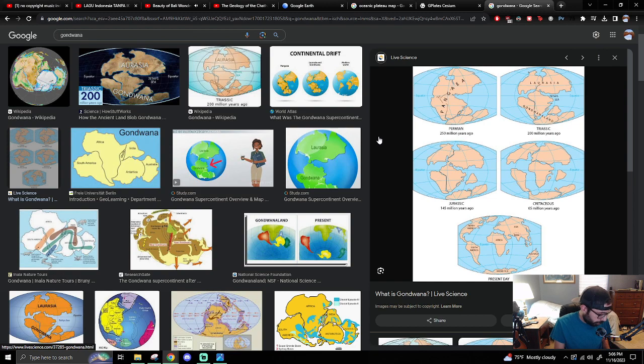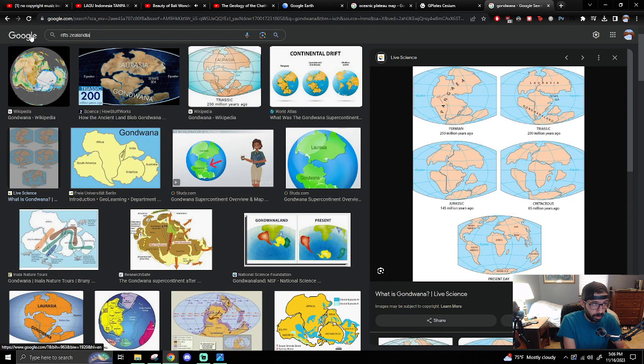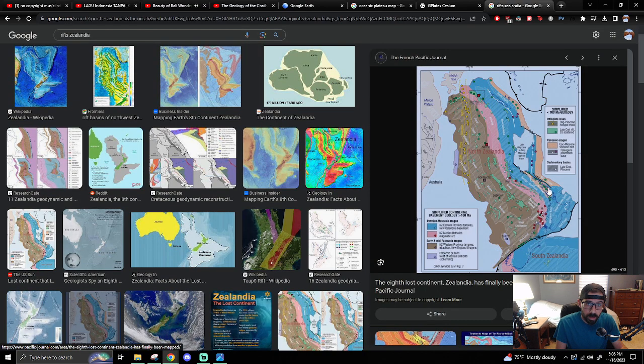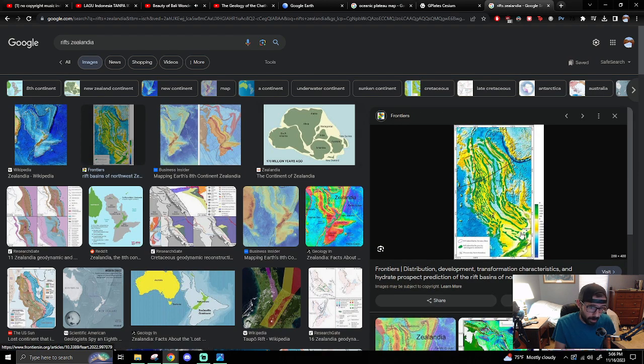So 85 to 55 million, radiometric dating. Faults formed when Zealandia rifted from Gondwana, and I kind of looked into this, rifts, Zealandia map, maybe. In my looking for it, I couldn't really find extensive rifting in Western Zealandia.